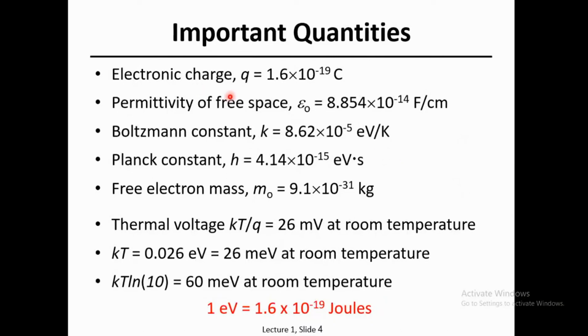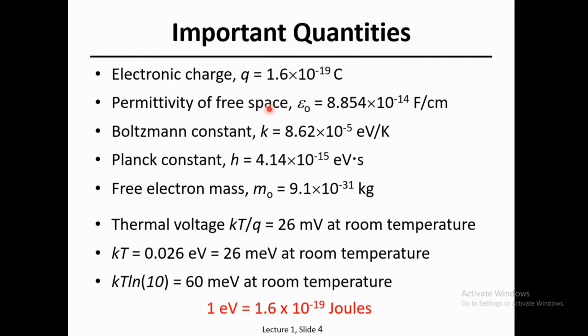These constants, by the way, will always be given to you in a table during exams or assignments or anything, so nothing for you to memorize. More parameters will be given depending on the question and the constants involved in the question. The electronic charge is 1.6 times 10 to the minus 19 coulomb.